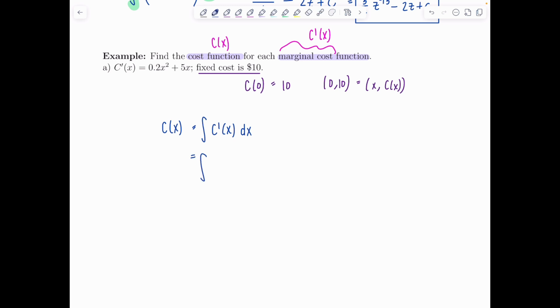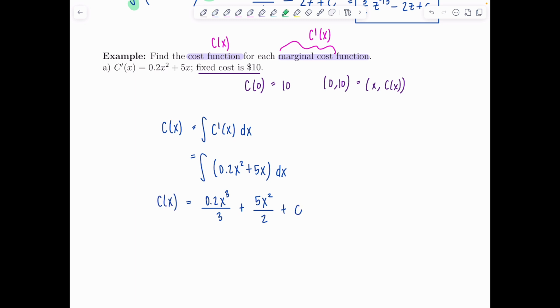Integral, what was C prime of x? 0.2x squared plus 5x. Don't forget the dx. Okay. Add 1 to the exponent and divide by the new exponent. So this is going to be 0.2x cubed divided by 3 plus 5x squared divided by 2 plus some c. Okay, this is c of x.